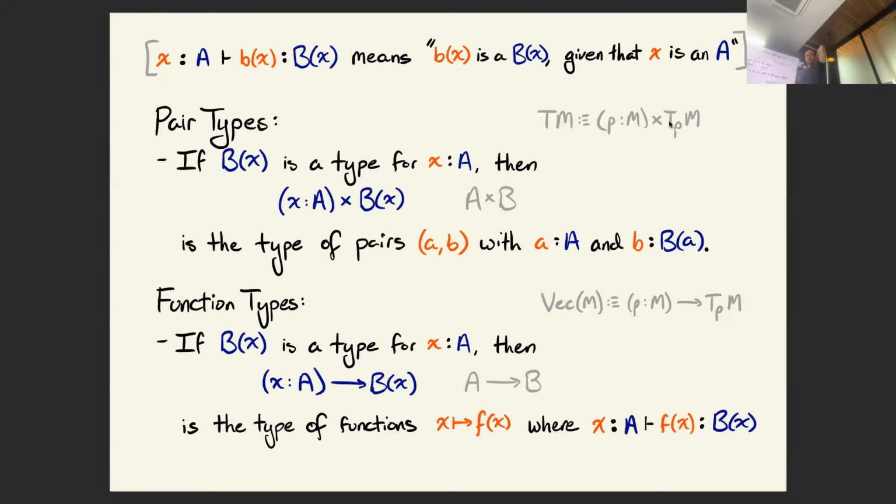It is true that the function types always give the sections of the first projection of this pair type. But this is a very common notion, this type of functions where the codomain varies.